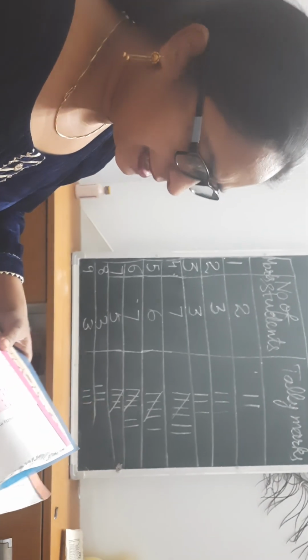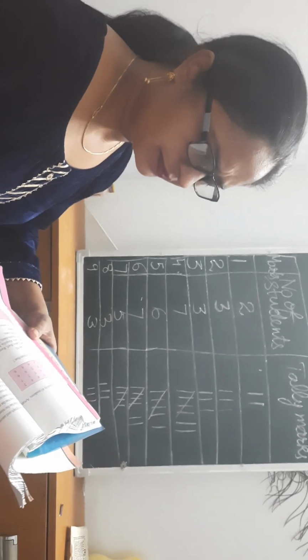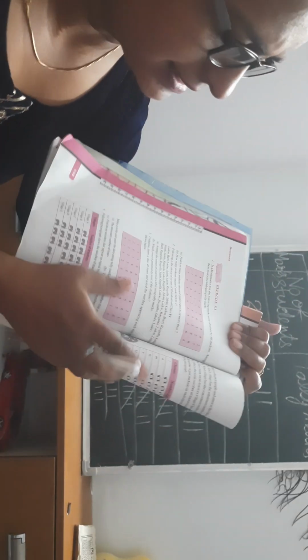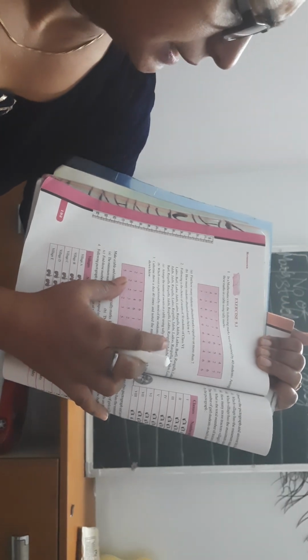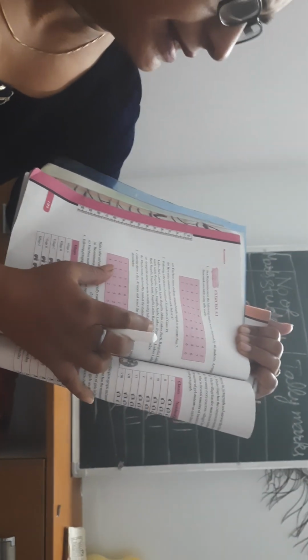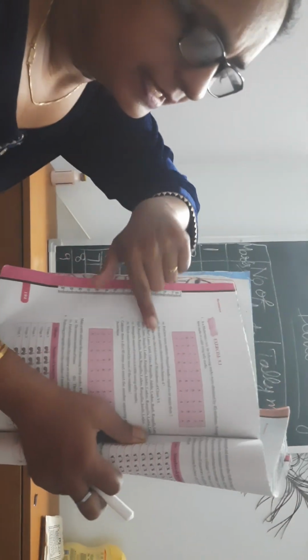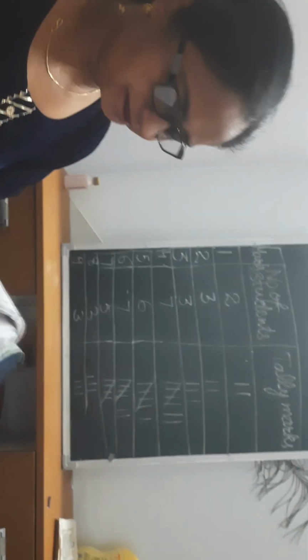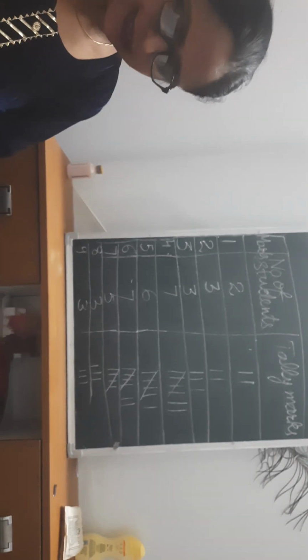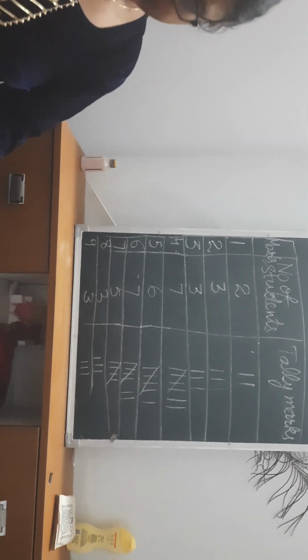Now the second part: following is the choice of sweets of 30 students of class 6. So there is a choice in the second question: laddu, barfi, rasgulla, and jalebi. This table gives the information that 30 students of class 6 like these.